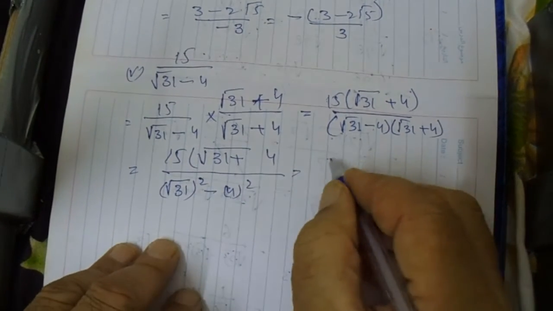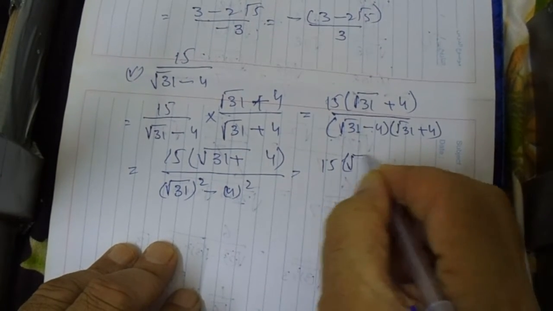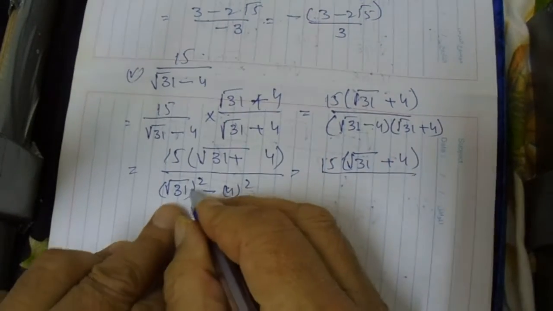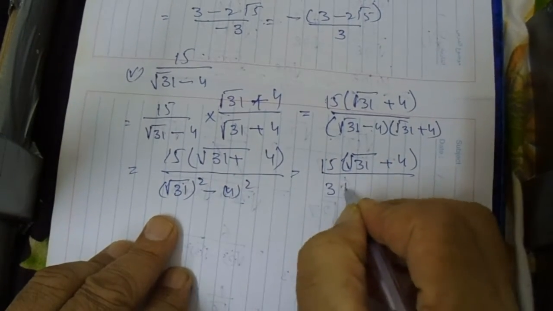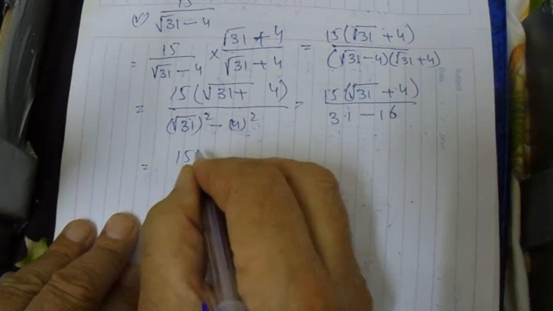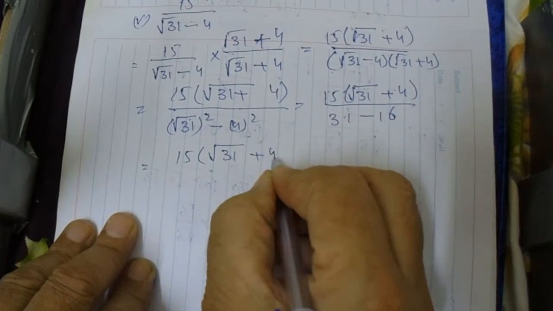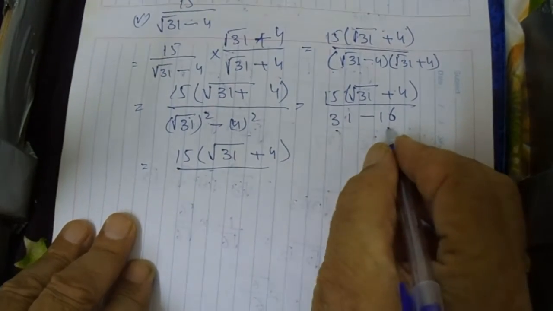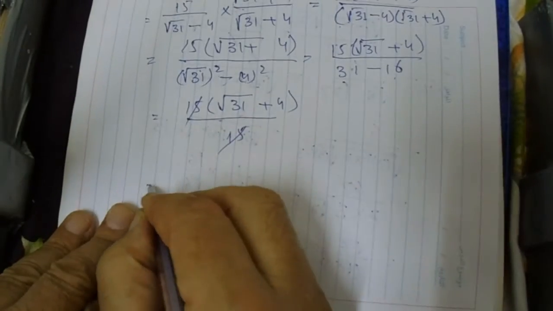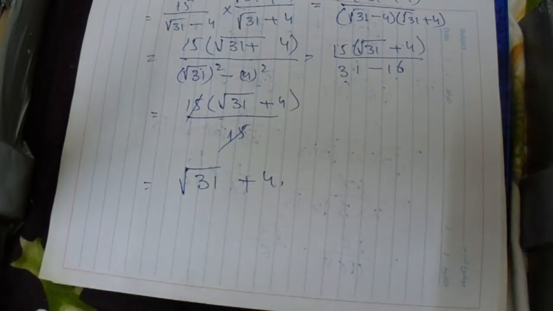Now it is equal to 15 in brackets under root 31 plus 4 over, this square, we get 31 minus 16, which is 15. Now 15 will cancel this, and you have under root 31 plus 4. Now this is the answer of this question.